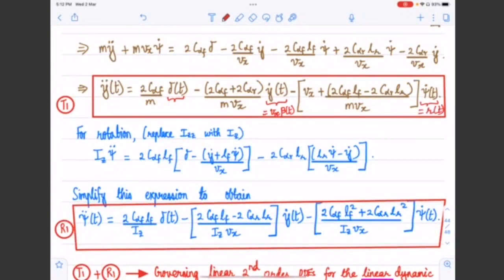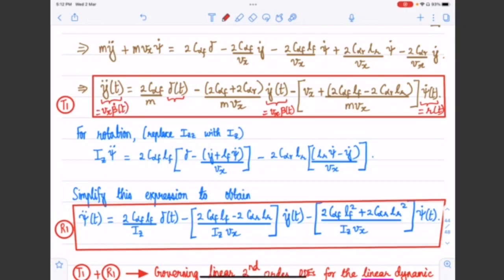And y double dot t, one can write it as Vx times beta dot t. That's what we just wrote down. I'm not doing anything other than substituting whatever we just derived for the variables in equation T1.